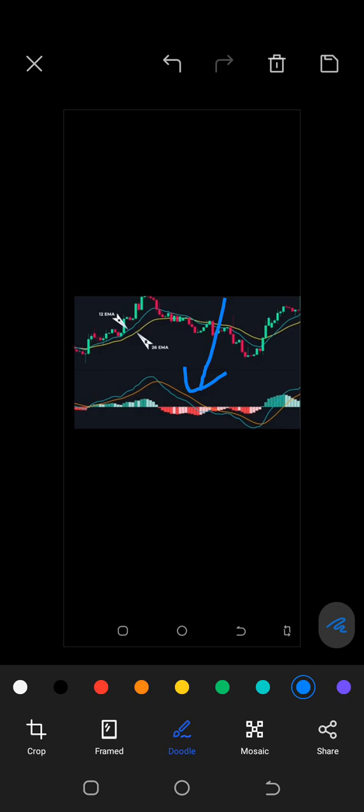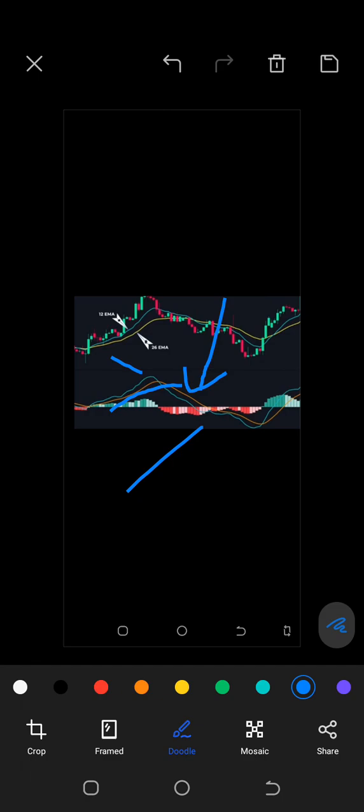The signal line is a 9-period exponential moving average of the MACD. This signal line aims to provide crossovers. You see your MACD line, and the signal line also being there helps to what? It aims to provide crossovers as entry triggers.